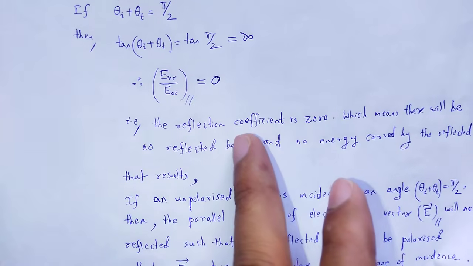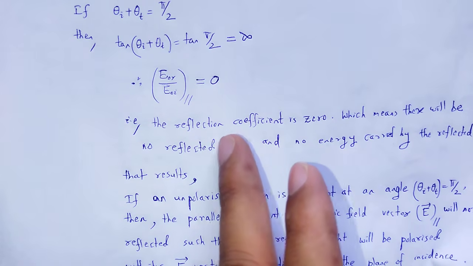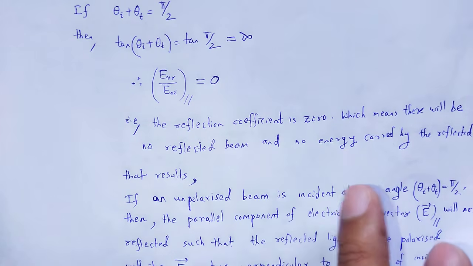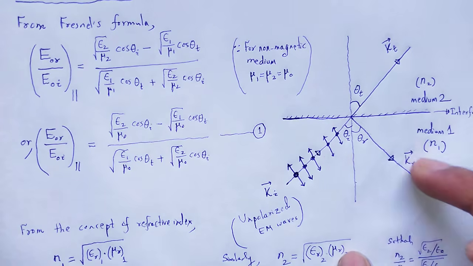There will be no component of reflection. The reflection coefficient is 0, which means there will be no reflected beam and no energy carried by the reflected ray.